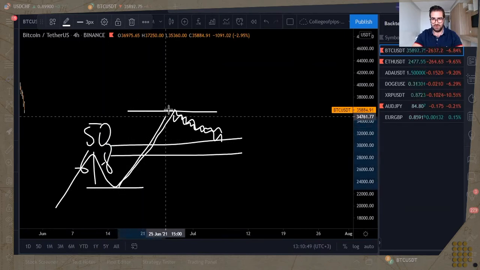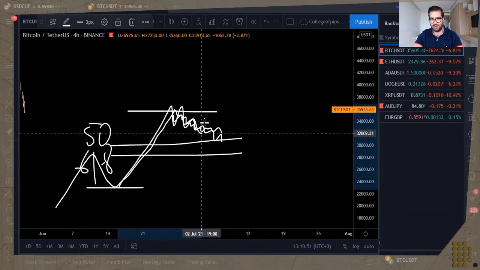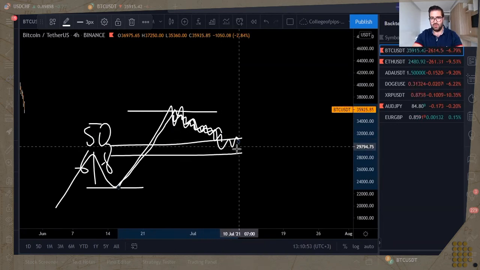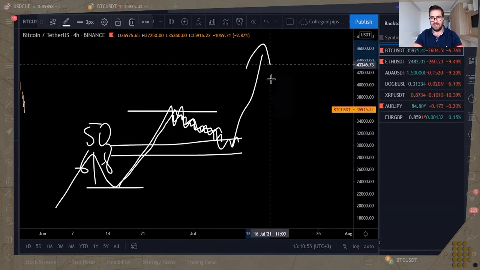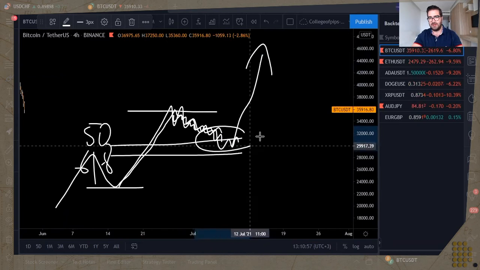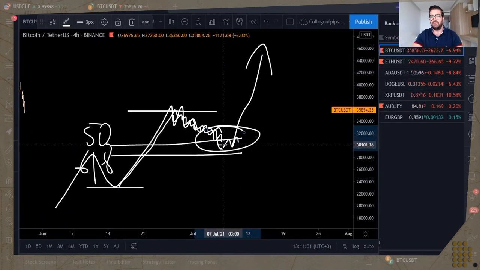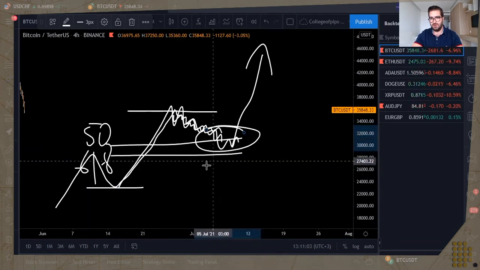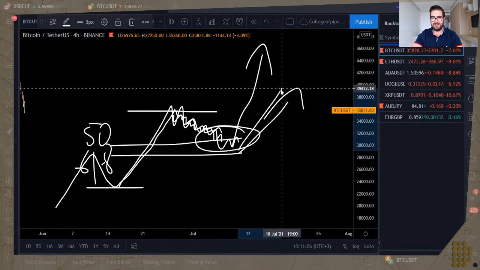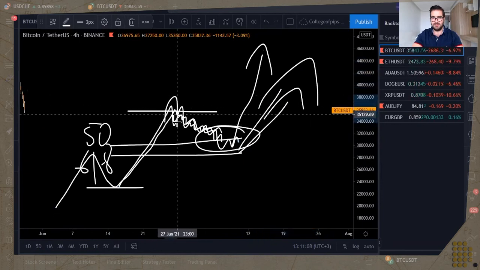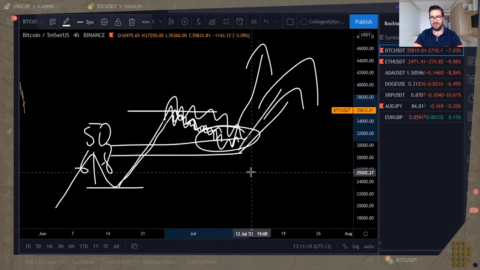So it will help you to know when the correction will end, and then we will have a new impulse to the upside. So it gives you a very accurate position or level to enter the market again. So you might buy again around this level here.